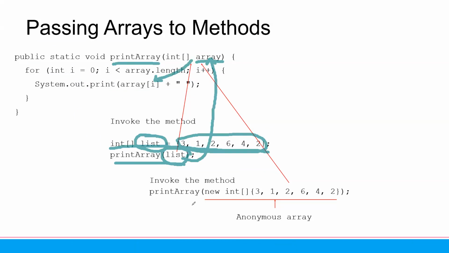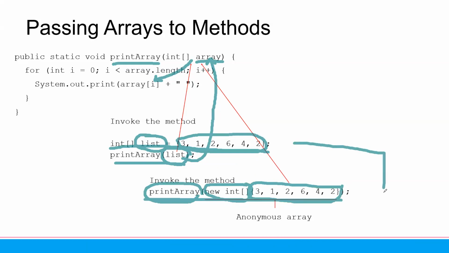Or you can also use the same way like this one. I'm going to call printArray, and I'm going to make a new integer array, and then the elements of the array are this one. So 3, 1, 2, 6, 4, 2. So those are the same.